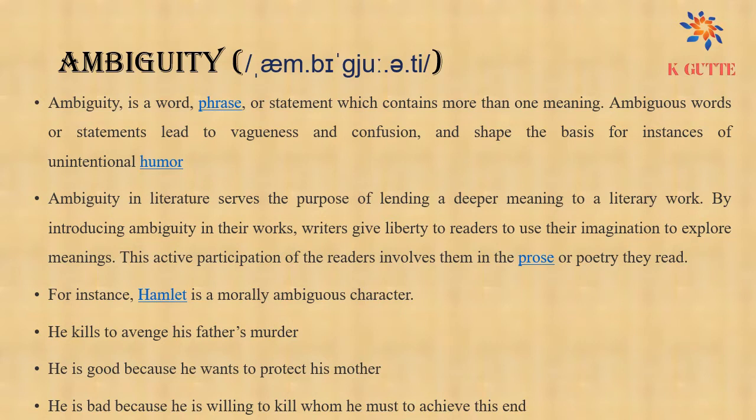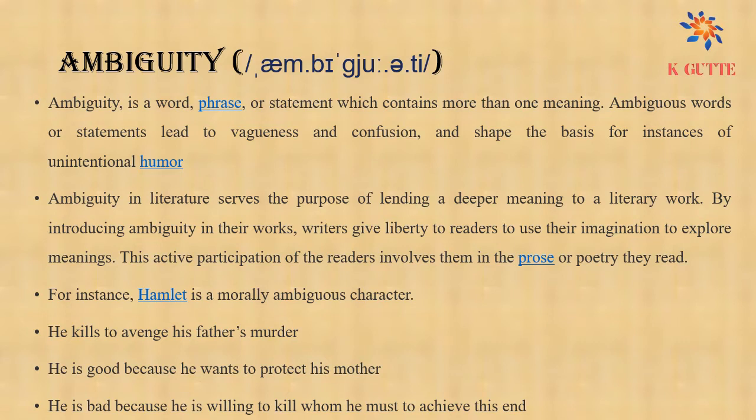Ambiguity in literature serves the purpose of lending a deeper meaning to a literary work. By introducing ambiguity in their works, writers give liberty to readers to use their imagination to explore meanings. This active participation of the readers involves them in the prose or poetry they read.